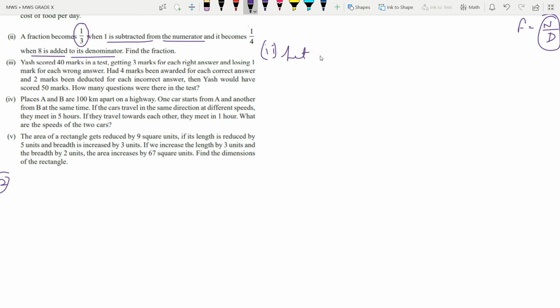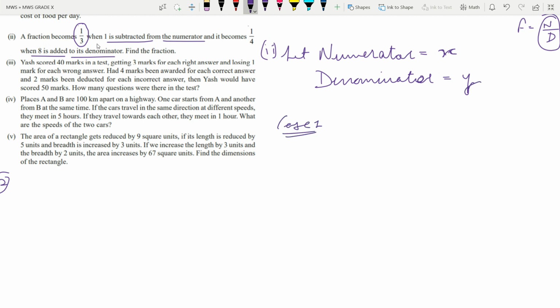So let us go with these statements. So let numerator be, as we don't know regarding numerator and the denominator, numerator x and denominator y. So case 1, if 1 is subtracted from numerator, numerator is x, 1 is subtracted.